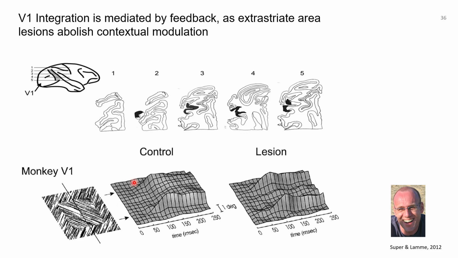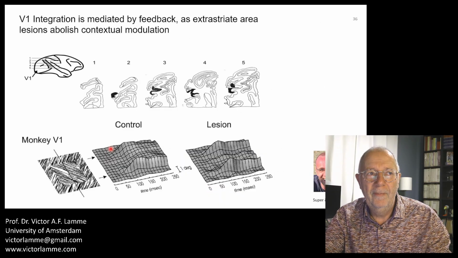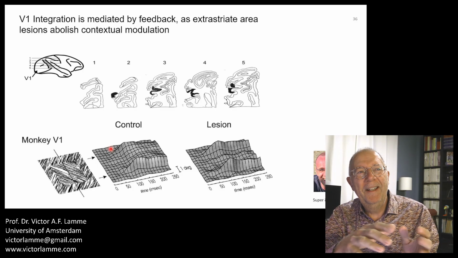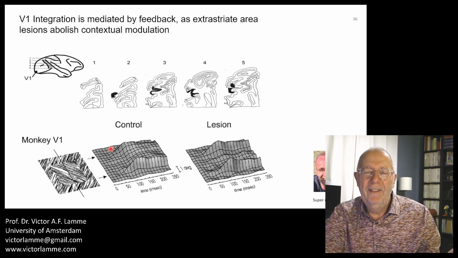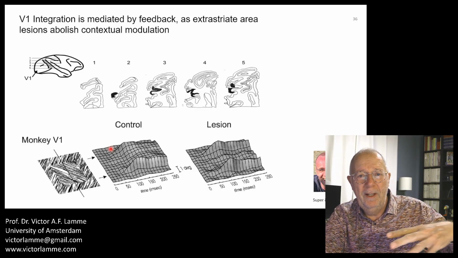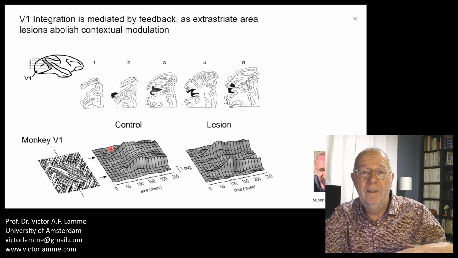And of course, the most likely suspect would be feedback from higher-level regions back to lower-level regions. Now, mind you, back in those days, this is grandpa telling a story, there was very little knowledge about what these feedback connections, which were known to be there from anatomical studies, actually did.